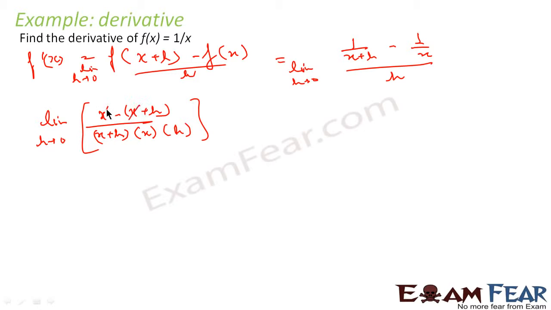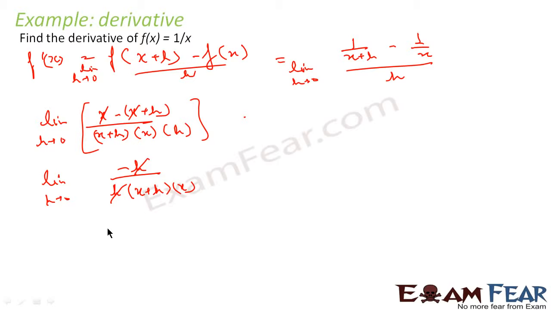This x cancels, minus h is there. So minus h, this is nothing but limit of h tends to 0 of minus h by h into (x plus h) into x. This h also cancels. So what we get here?